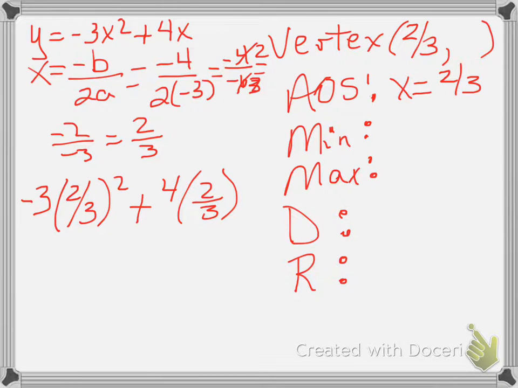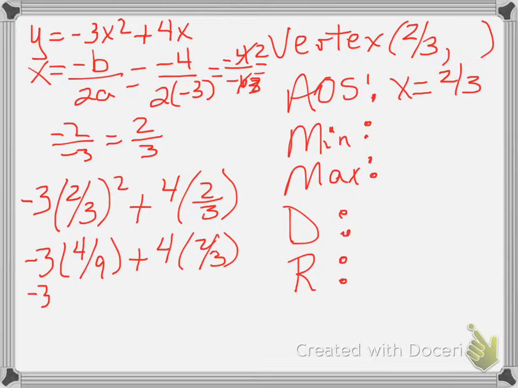Alrighty, so 2/3 squared is 4 over 9, so negative 3 times 4 over 9 plus 4 times 2/3. Okay, so let's see where that comes out to. I have negative 3 over 1 times 4 over 9.